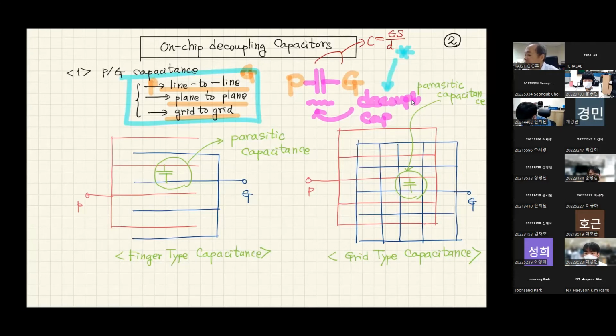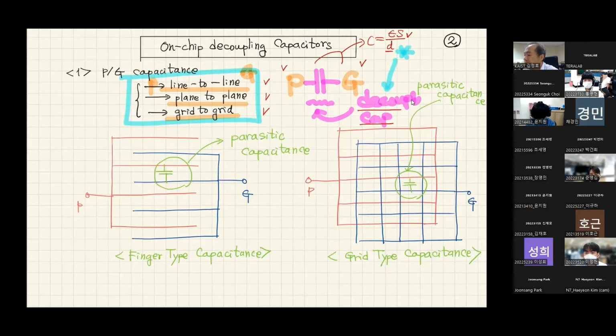So in order to increase the decoupling capacitance, which is generated by line to line, plane to plane, or grid to grid, you have to minimize the distance between the power metal and ground metal. And also you have to maximize the surface area which interfaces between power and ground metal.